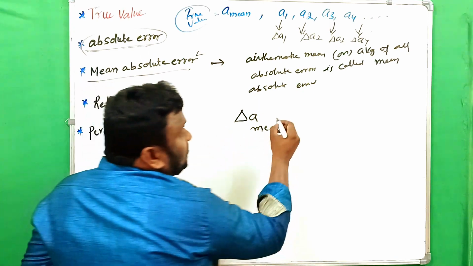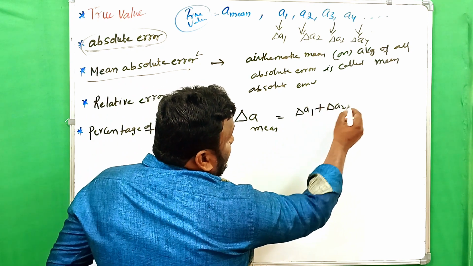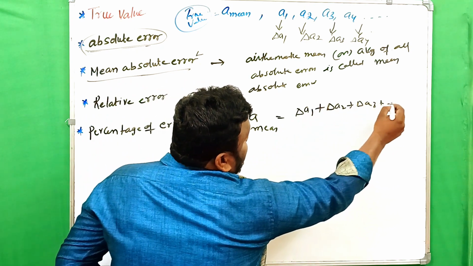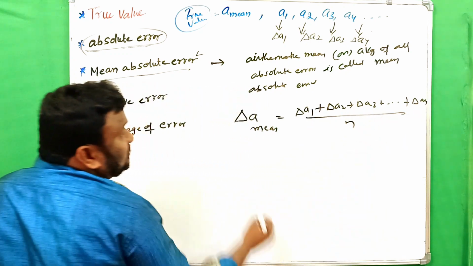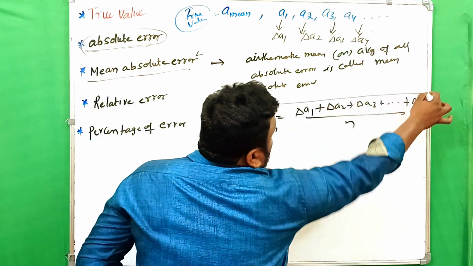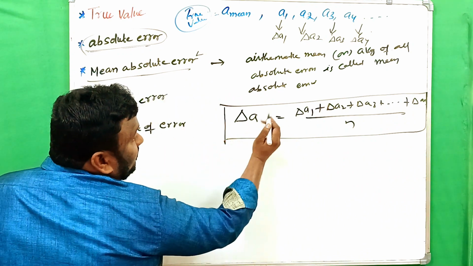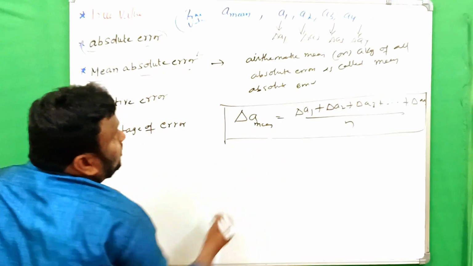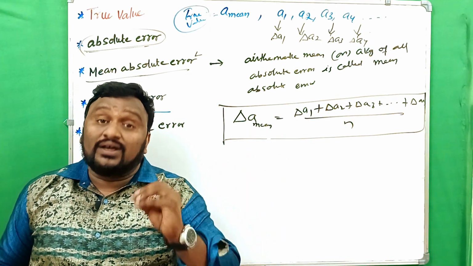Delta A mean is equal to delta A1 plus delta A2 plus delta A3 plus, and so on, delta AN, divided by N. This is the formula for mean absolute error, delta A mean.